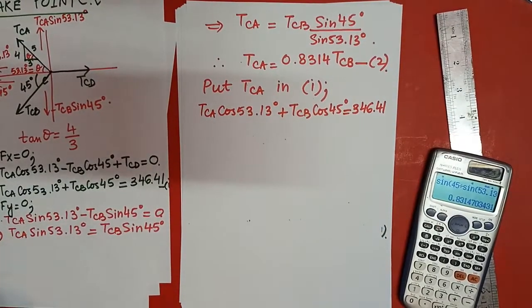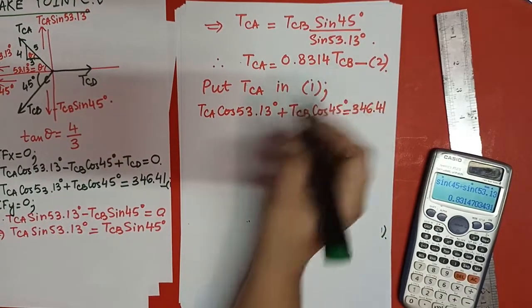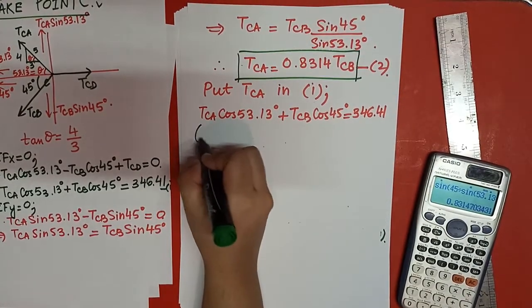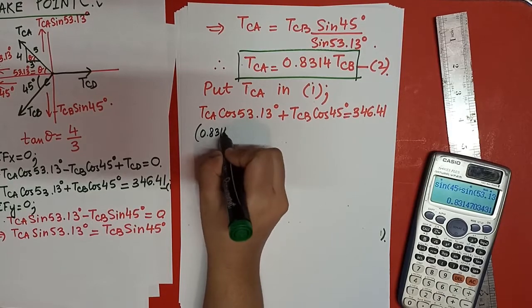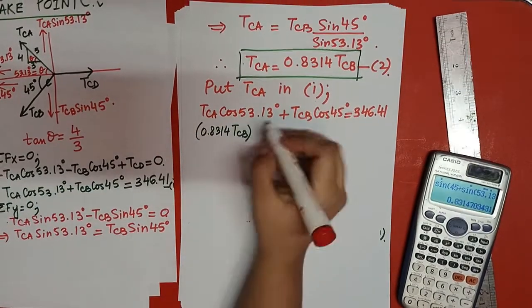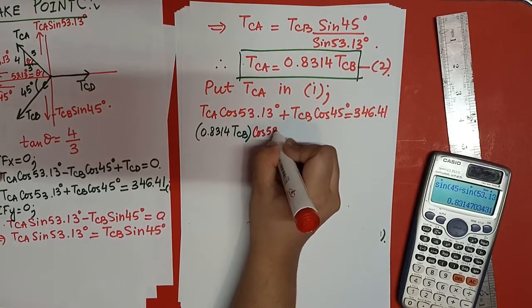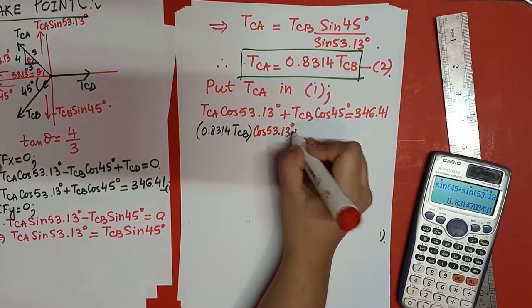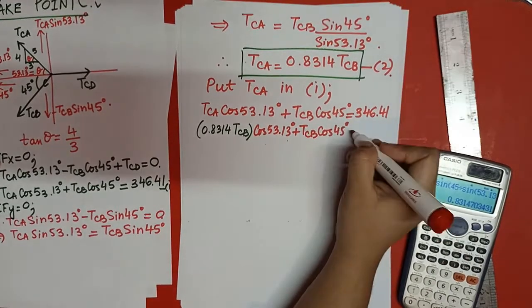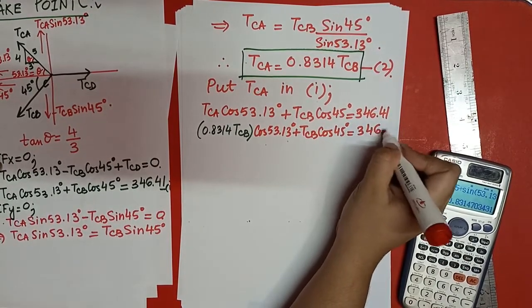I have to put this TCA value here, so I will put 0.8314 TCB. So this will be like this, cos of 53.13 degree plus TCB cos of 45 degree, equals to 346.41.